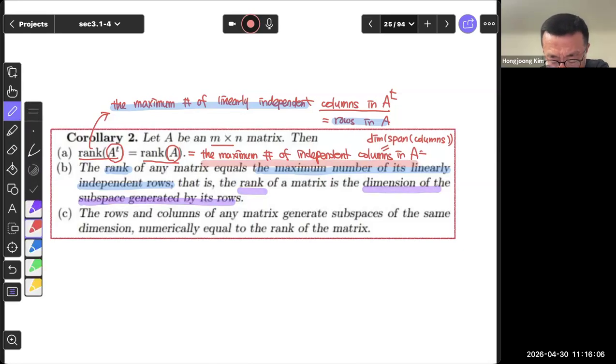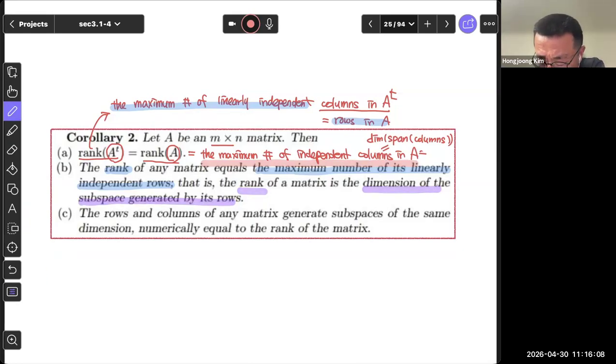So this is the span of the rows in A matrix. Okay, so the number of linearly independent rows and the number of linearly independent columns are the same. They are equal.